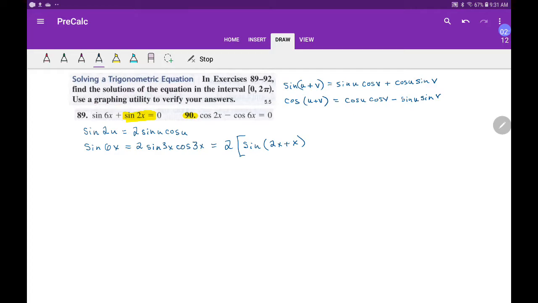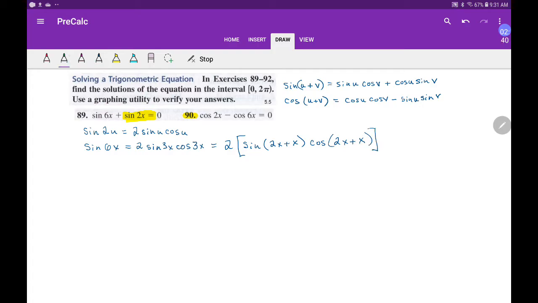Anyway, I'd use the double angle formula, but then I'd have to deal with 3 over 2 x, and I don't want to do that. So I also have cosine of the same thing, 2x plus x. Okay, so let's do that.